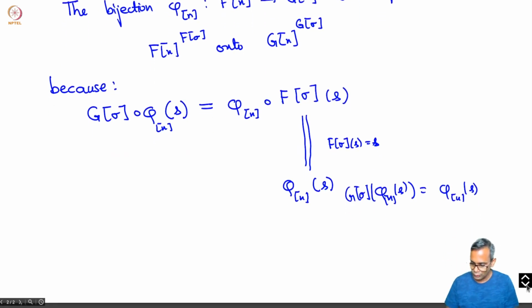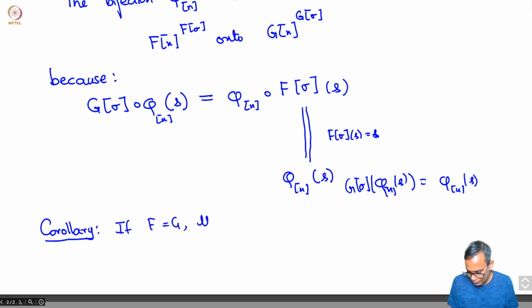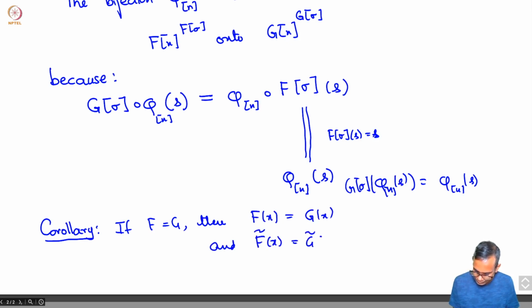An immediate corollary of this theorem is that both the generating series and the type generating series of isomorphic species are the same. If F is isomorphic to G, then F of x is equal to G of x and F tilde x is equal to G tilde x.